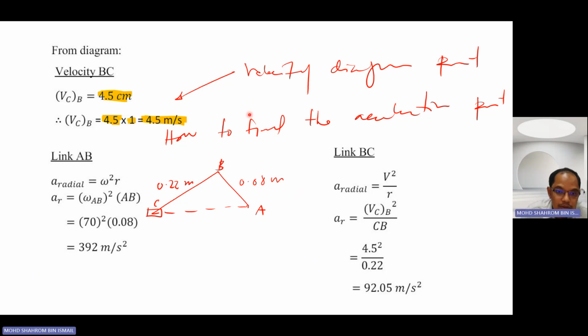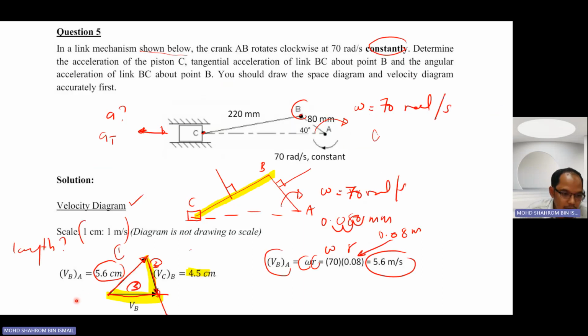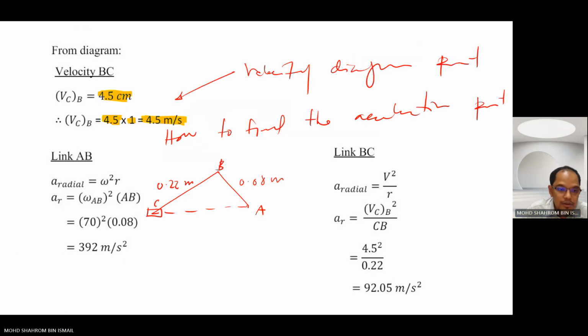So how are we going to solve it? Of course, we know our omega. The crank rotates clockwise at 70 radian per second, the angular velocity is about 70 radian per second.